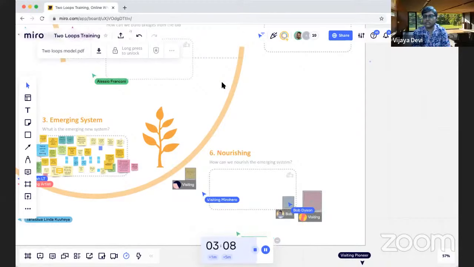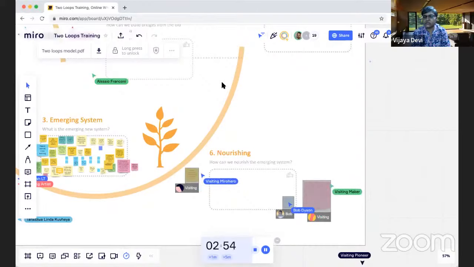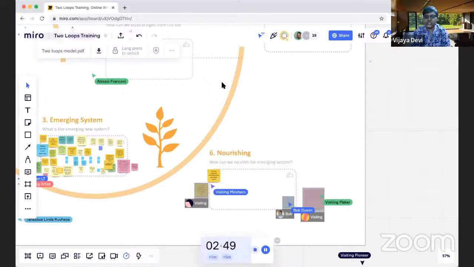They also need nurturing in terms of resources. For example, funding. Who will provide the funding? Who will be able to provide the necessary skill sets or mentor advice, expert advice? So what are the different ways in which we can nourish these innovators?